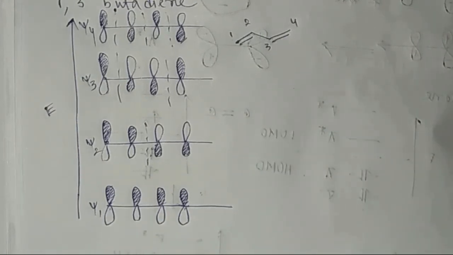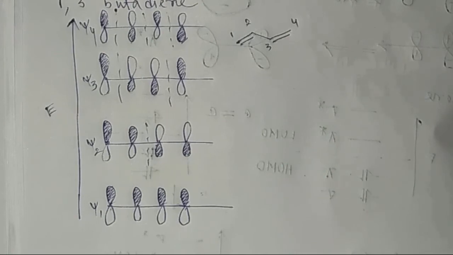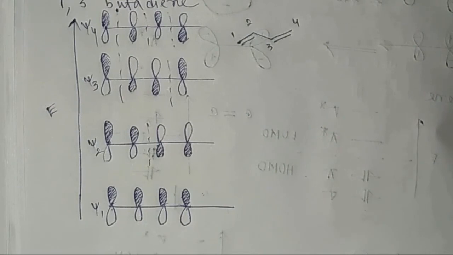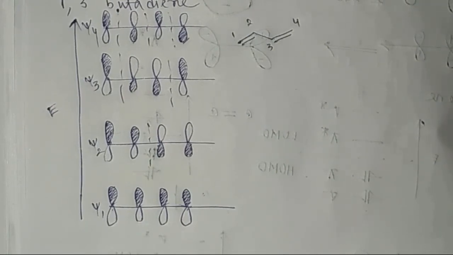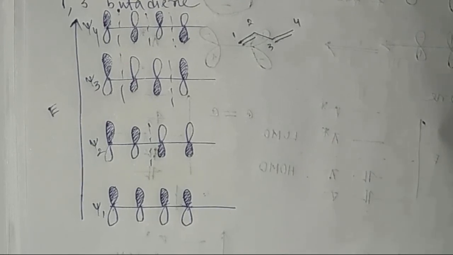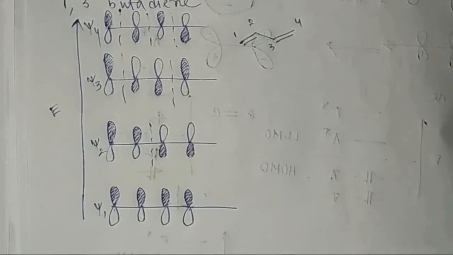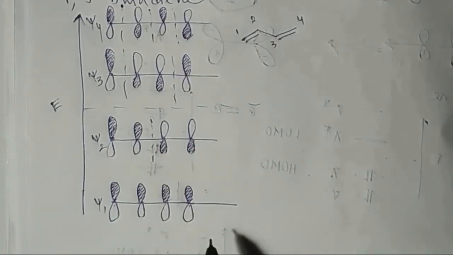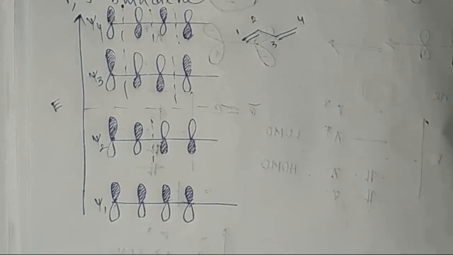When the 4 p orbitals overlap with each other, they form 4 molecular orbitals, and 2 of them are anti-bonding molecular orbitals and the other 2 are bonding molecular orbitals. Bonding molecular orbitals have the lowest energy, and that is why Ψ1 and Ψ2 have the lowest energy, while Ψ3 and Ψ4, being anti-bonding, have higher energy than the bonding Ψ1 and Ψ2 molecular orbitals.